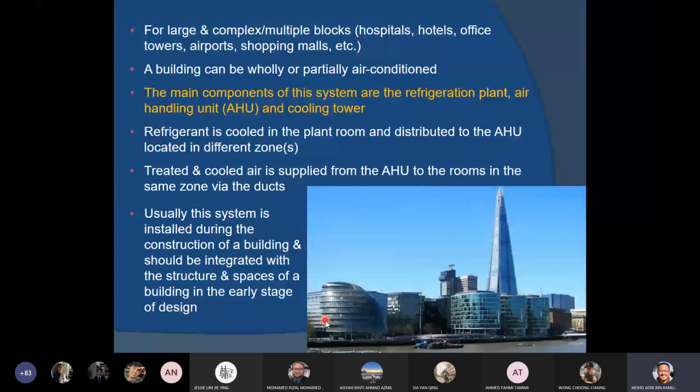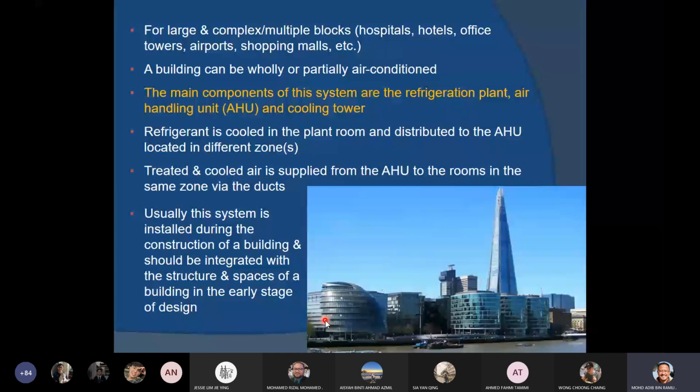I'm sure you have learned about zoning in design: service zone, public, private, that kind of thing. Normally things related to services are grouped under the service zone. If possible, all the piping and the AHU rooms should be located at the service zone.